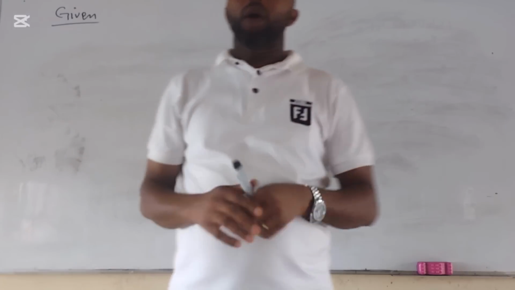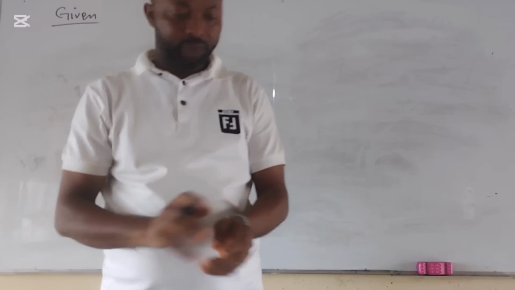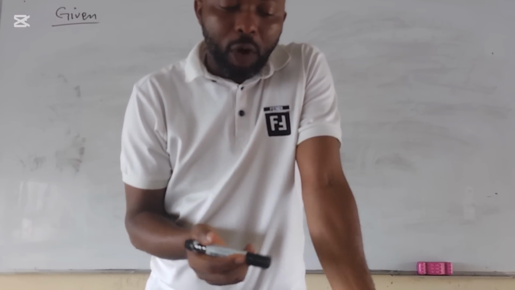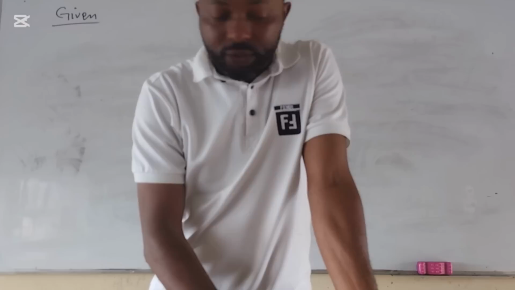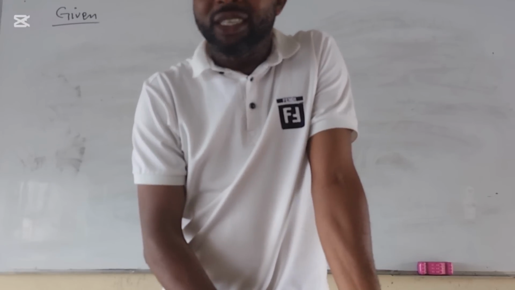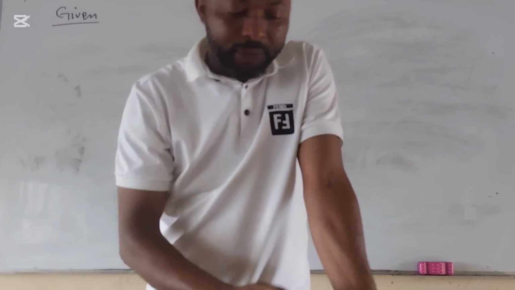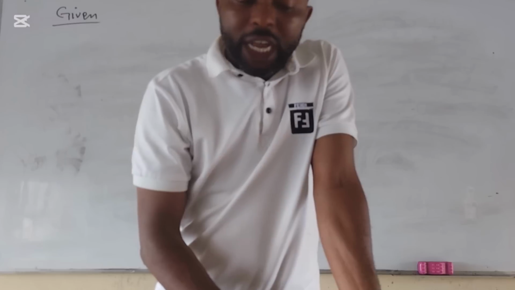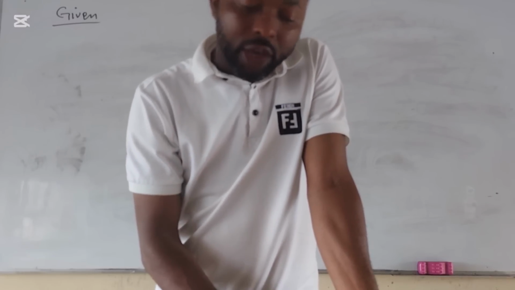Now, alright, our second question. We say solution A contains 20 grams of ethanedioic acid crystals in 1 dm cube of the solution. The crystals means that of the hydrated. Solution B is a solution of sodium hydroxide containing 0.5 mol per dm cube.